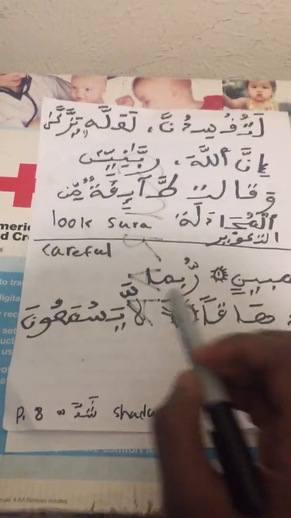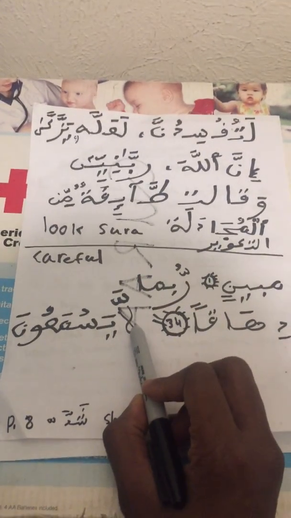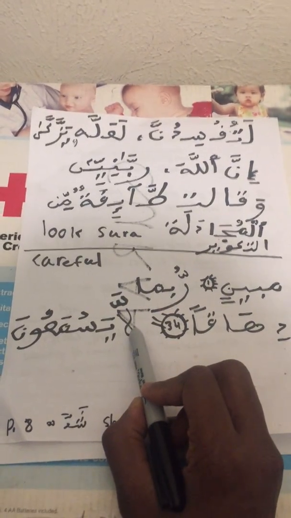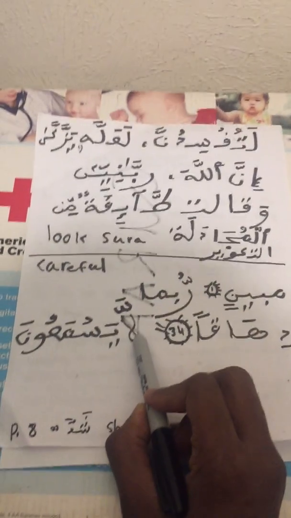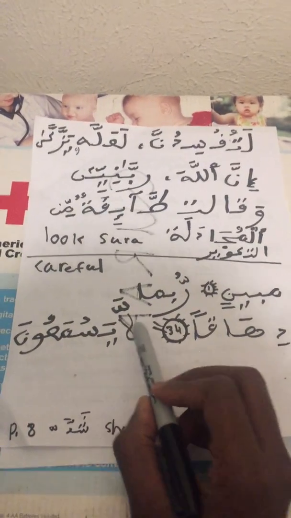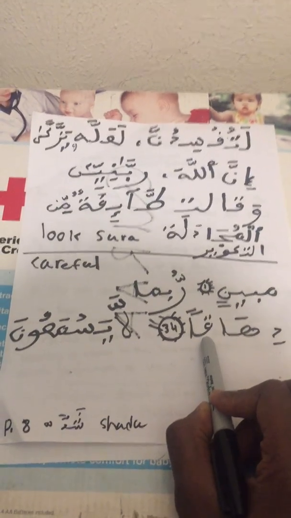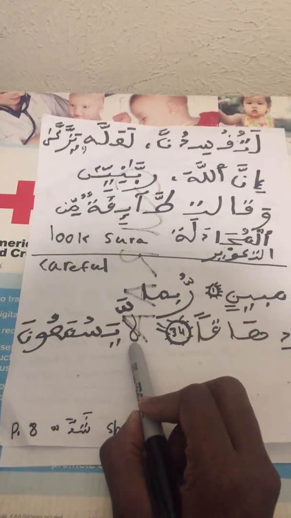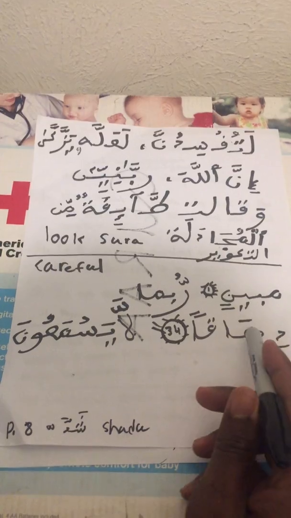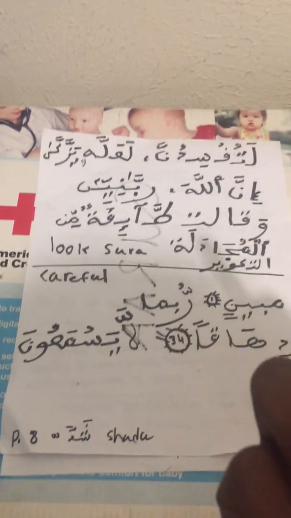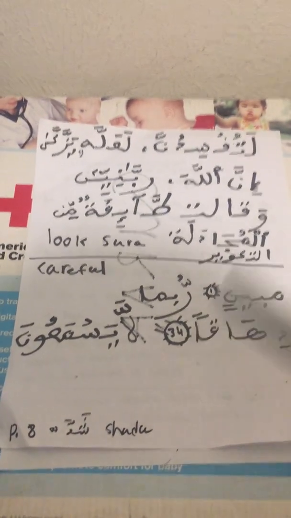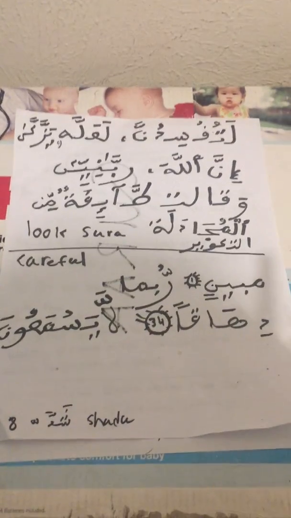For example, this lam is non-original. If it's non-original, we only read it if you join this word, this letter, and this letter together. If you join them, when you read these two words together, you apply the shadda. But if you read them separately, you do not apply the shadda.